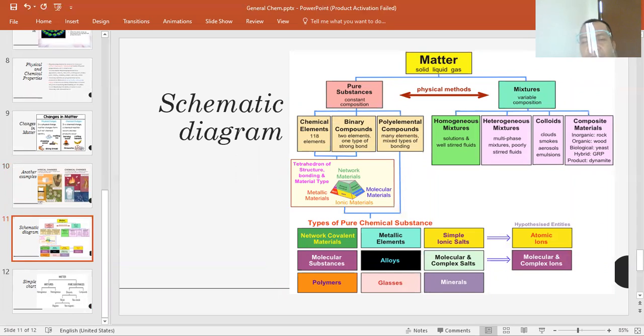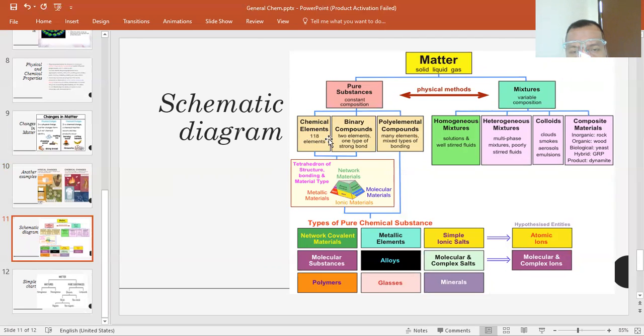The classifications of matter, either solid, liquid, or gas, are physically done. For example, matter can be classified as pure substances with constant composition, while mixtures have varied compositions.